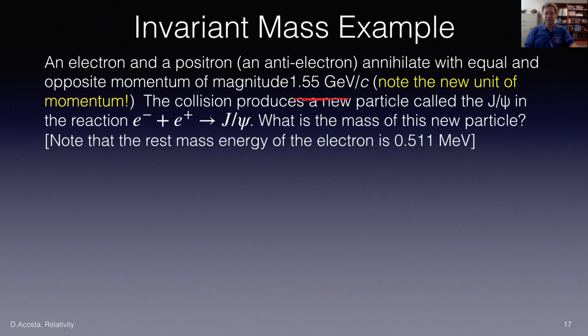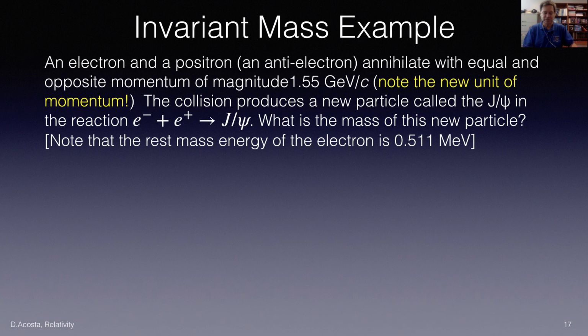The collision produces a new particle called the J psi, in this reaction we see here. The electron and positron annihilate and make a new particle, just one new particle, even though it's a slash. What is the mass of this new particle? And note that the rest mass energy of the electron is 0.51 MeV. But here I've used GeV, which is a giga electron volt.